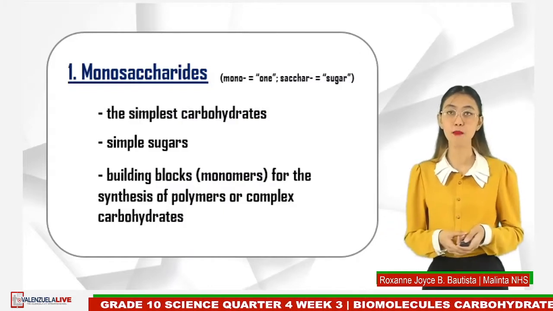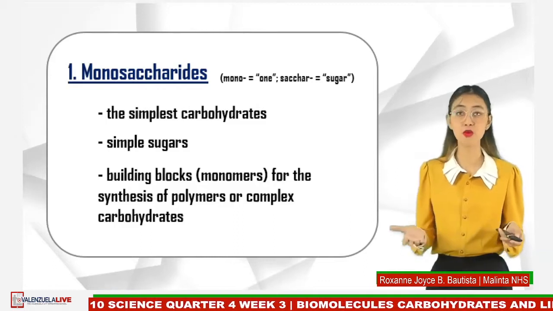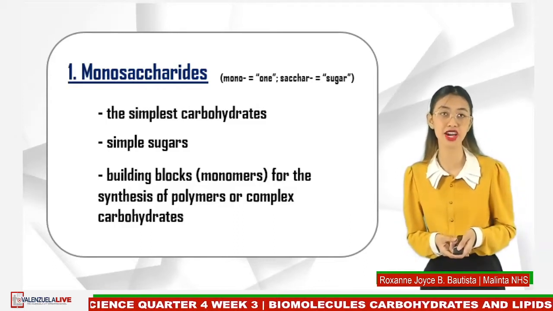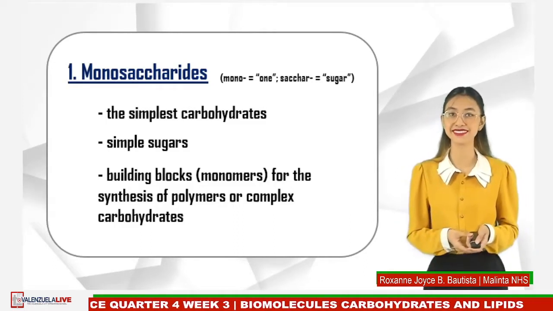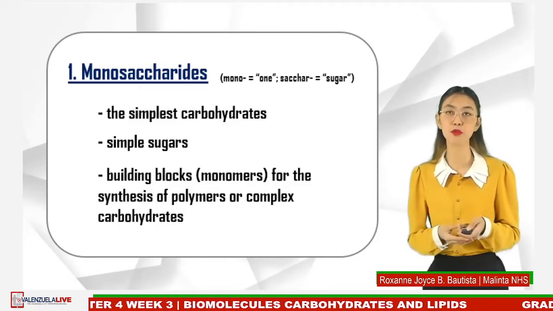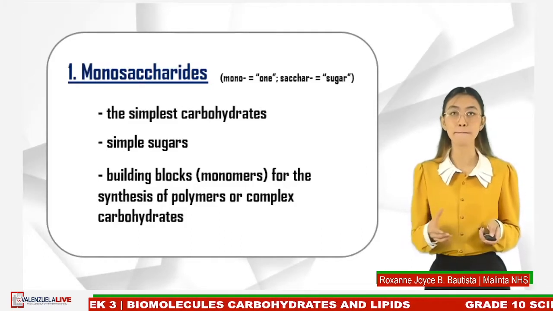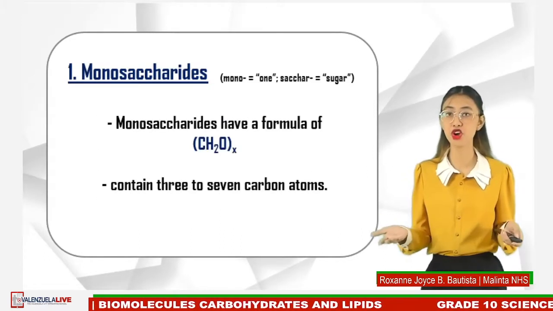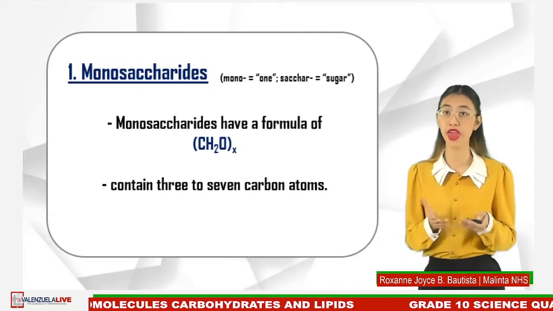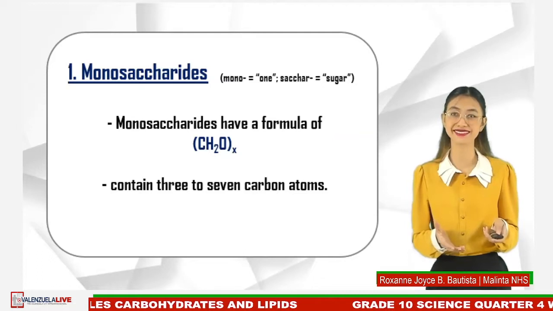Monosaccharides. Mono means one, saccharide means sugar. The simplest carbohydrates are called monosaccharides or simple sugars. They are the building blocks or monomers for the synthesis of polymers or complex carbohydrates. Monosaccharides have a formula of CH2OX and they typically contain 3 to 7 carbon atoms.